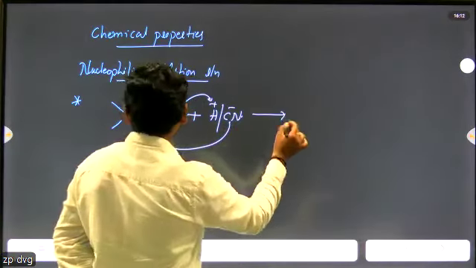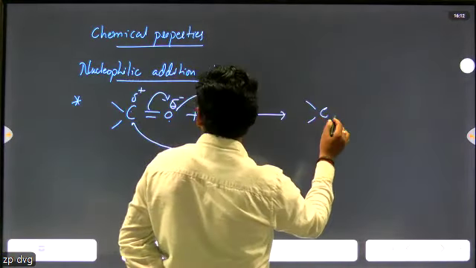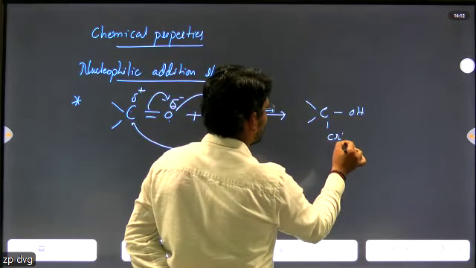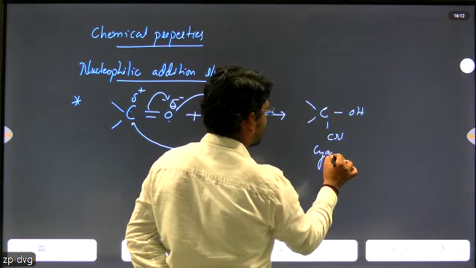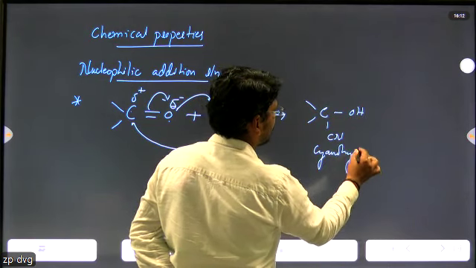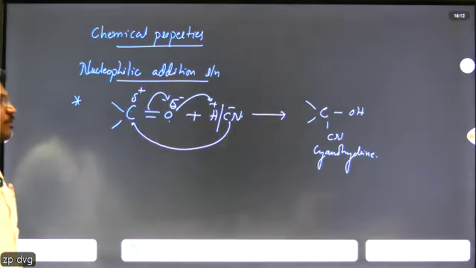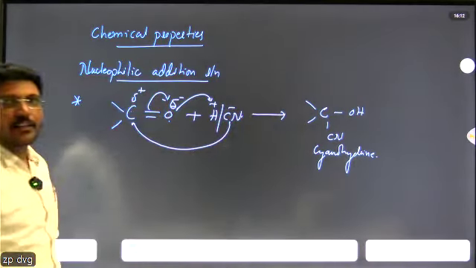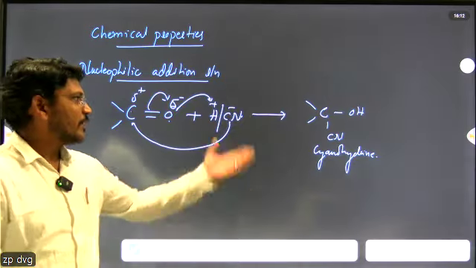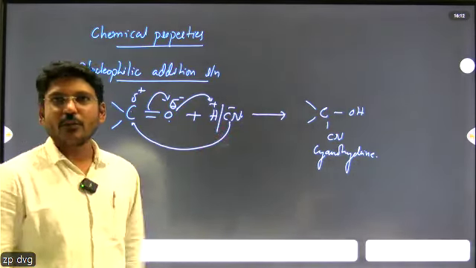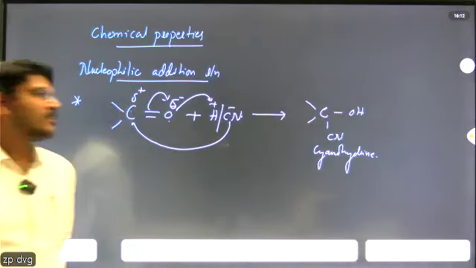Finally we get C, OH, and here it contains CN. So definitely we get a cyanohydrin. Whether we consider an aldehyde or a ketone, whatever the carbonyl compound, when it reacts with HCN, addition of HCN takes place to form the final compound as cyanohydrin.